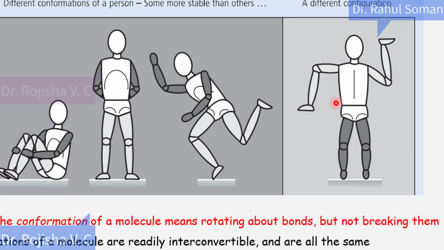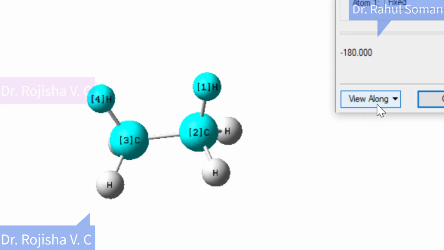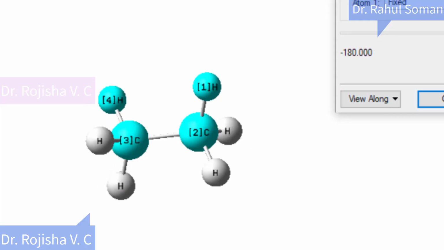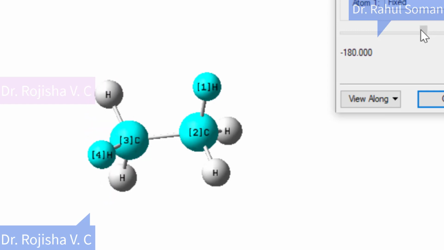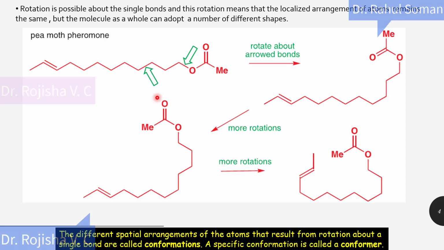So what is conformation? If we are talking about a molecule, in the chemistry world, it is the rotation about some sigma bonds. The sigma bond can easily rotate, and as a result of that rotation, we can have different structures or different conformers.